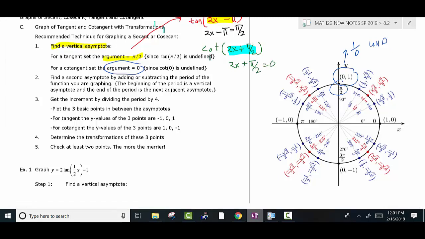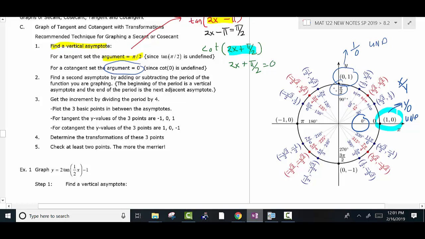And the reason you do that is because what happens on a cotangent is x over y. So notice 1 over 0 is undefined. So the cotangent's undefined at 0. The tangent's undefined at pi over 2. You don't have to memorize that. The unit circle will help lead you to the discovery of that if you forget it.